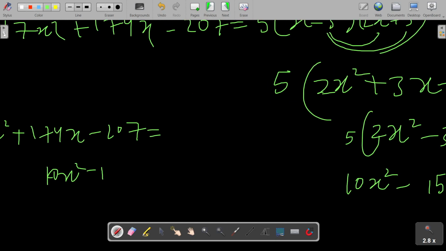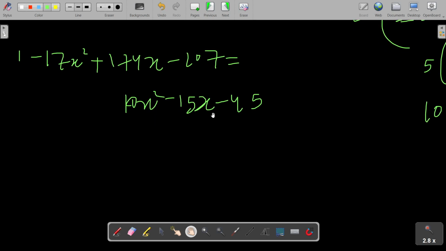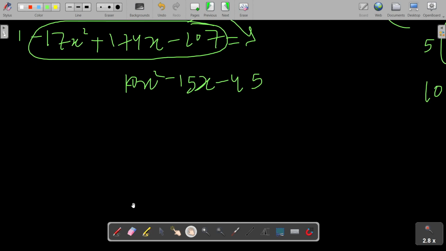So what I'm doing is taking this expression and moving it on the right side. If I move this on the right side, the signs change.